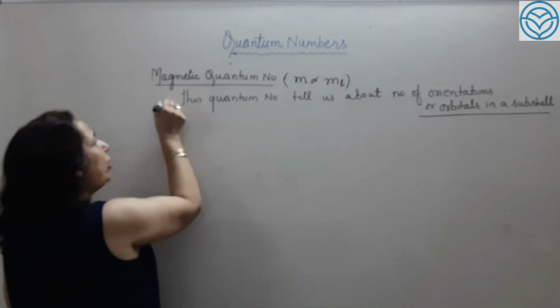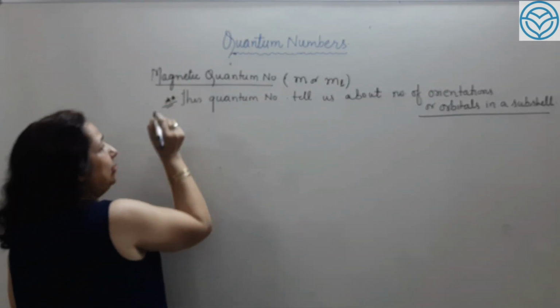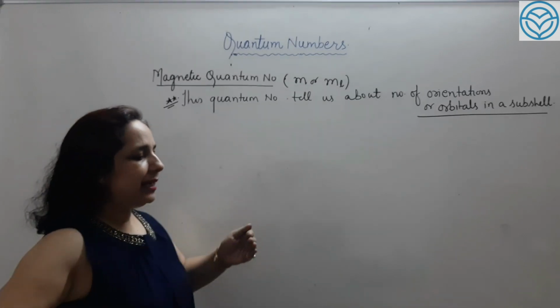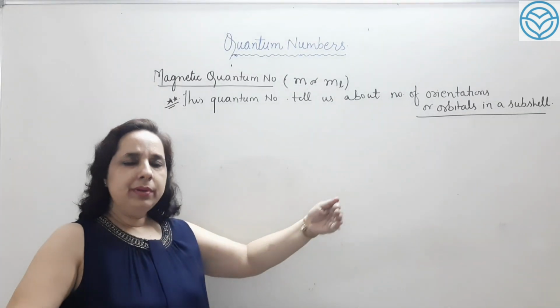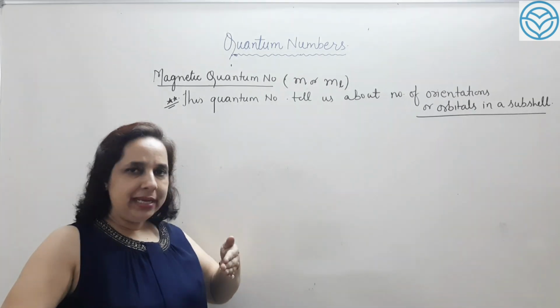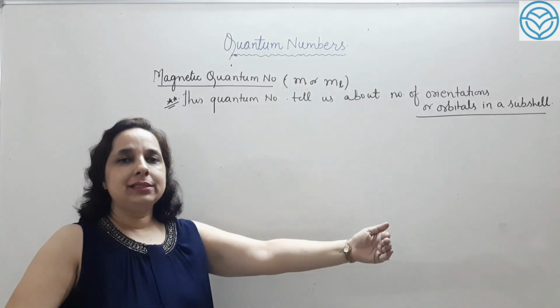When I say number of orientations or orbitals, in understanding, we have understood it as floor, room, beds. Now it is shell, subshell, orbitals.